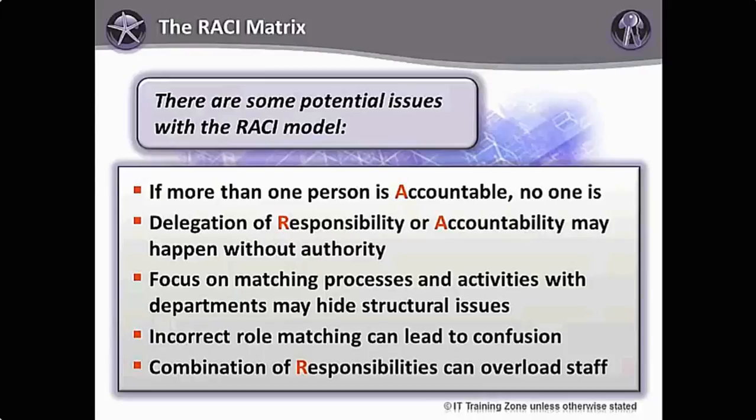Incorrect division and/or combination of functions or conflicting agendas and goals can lead to confusion. And combination of responsibility for closely related processes such as change, configuration, and release management may overload staff.